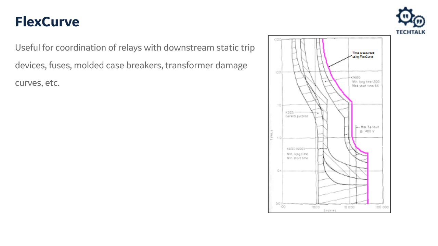And so what this does is let you build a custom curve that exactly coordinates with certain devices. So the device that we show dashed here is some type of fuse, and we are building a curve that exactly coordinates with it. This can be helpful when we've got static trip devices, fuses, molded case circuit breakers, or transformer damage curves that are a little bit non-standard and we want to exactly coordinate with them.